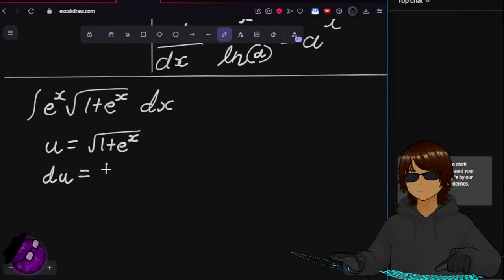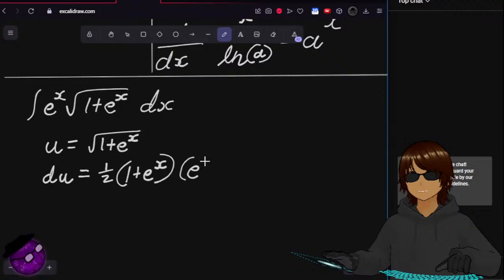This is to the power of half. And then the derivative of the inside is e to the power of x dx.